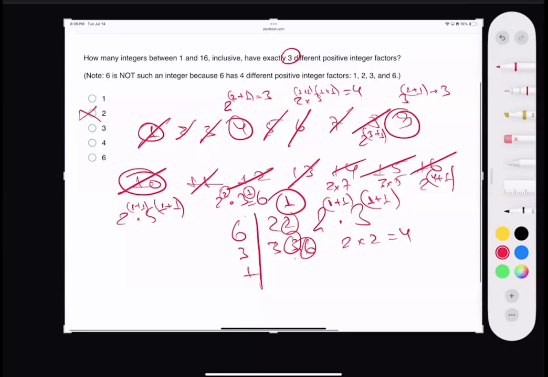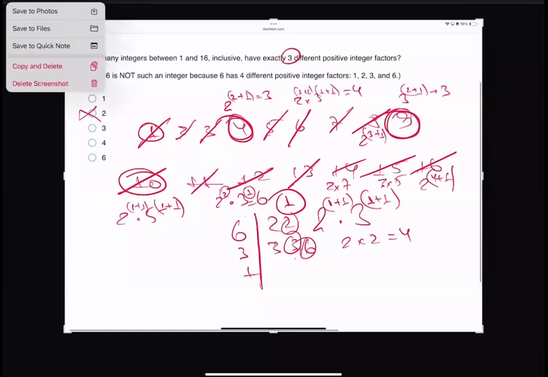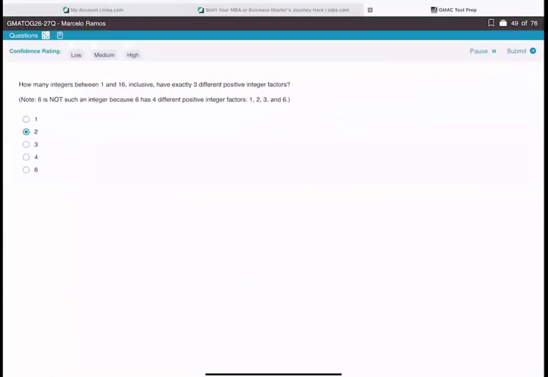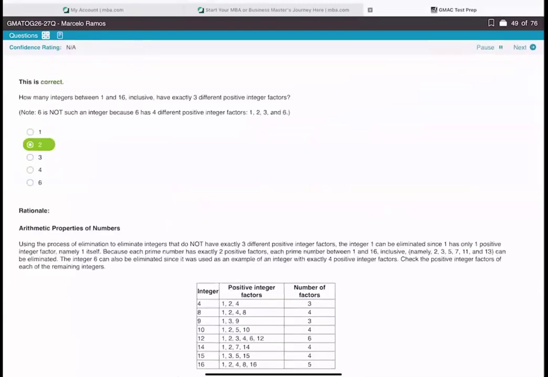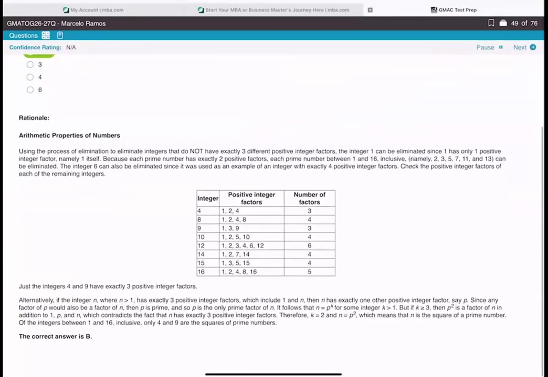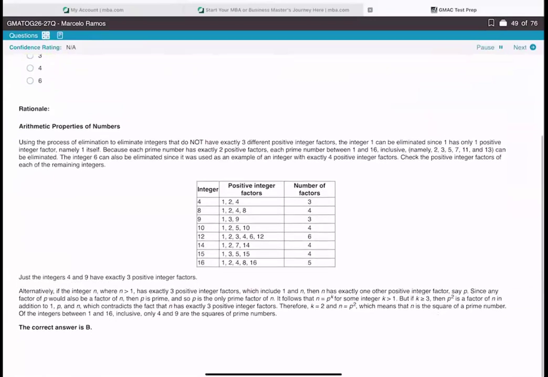So it seems to me that squares of primes have exactly 3 divisors. Or you can list, like here.